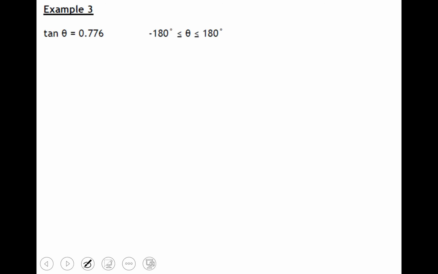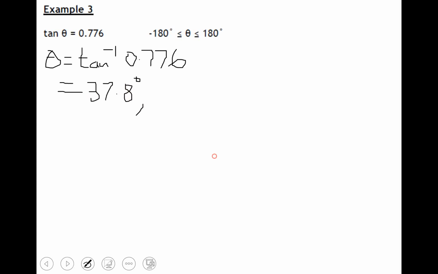Example 3, tan theta equals 0.776. Now this won't lead to as nice angles as we had in the previous examples. We start the same way, tan inverse of 0.776, and our calculator gives us 37.8 degrees to one decimal place, which we again sketch in our cast diagram.